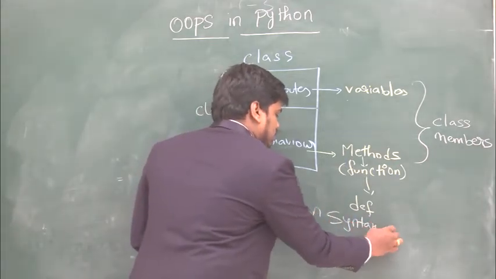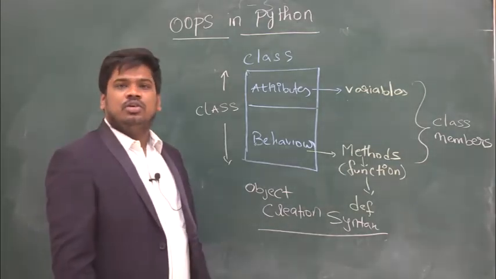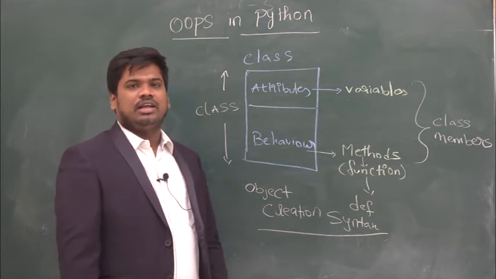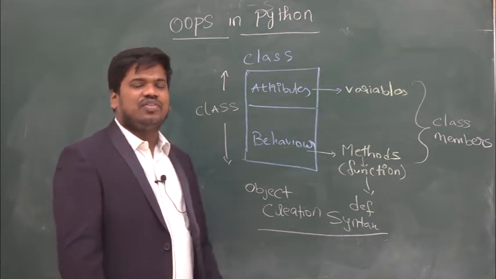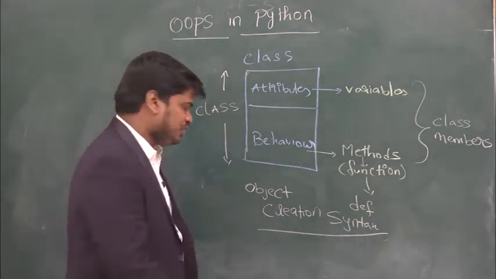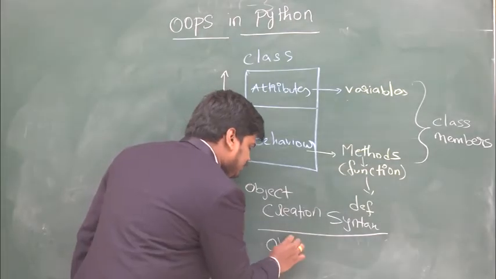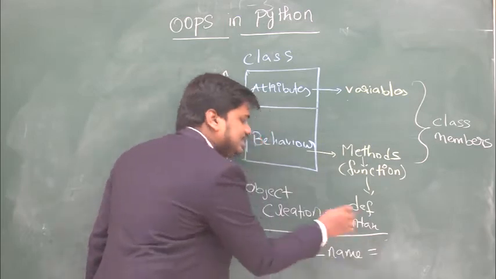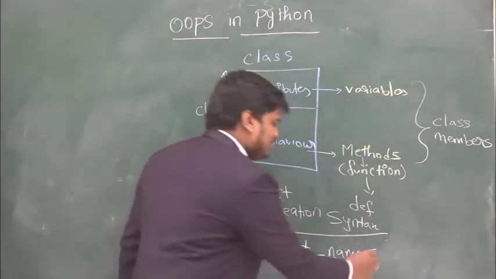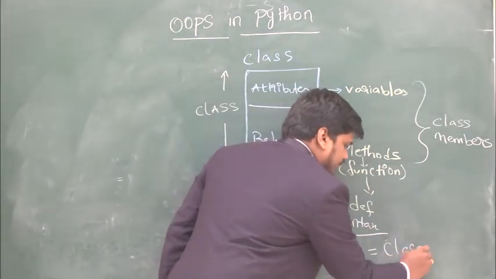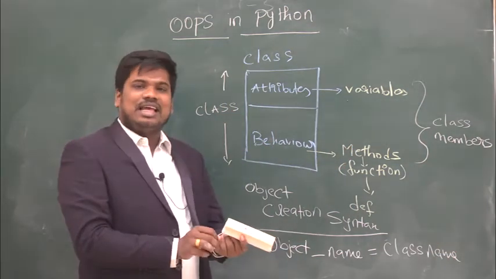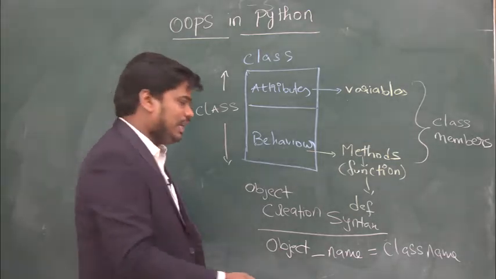In order to access the class members, we have to create an object. The syntax for creating an object is object underscore name is equal to my class name. This is the syntax I have to follow in order to create my object.